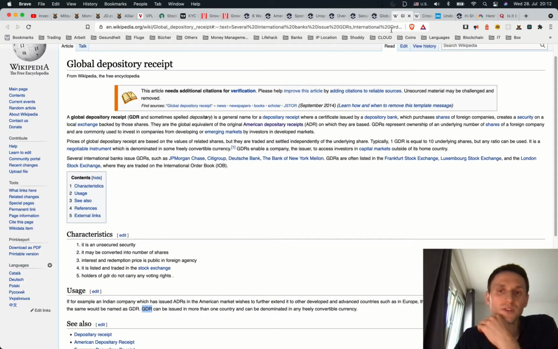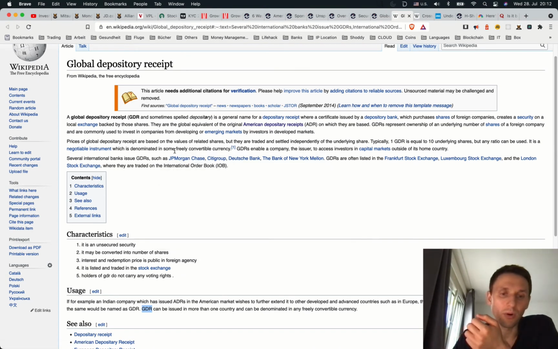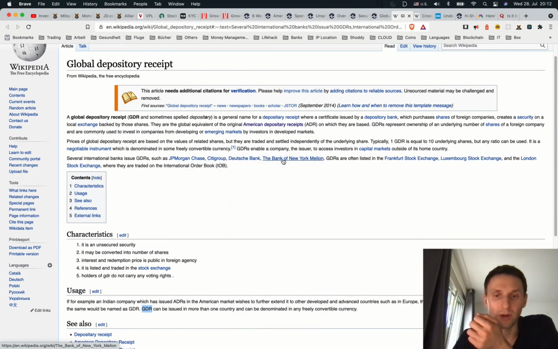And it is possible with Global Depository Receipt. So Global Depository Receipt is not only for the United States, it's basically for the whole world. And like it was with ADRs, you always have a depository bank in the background.